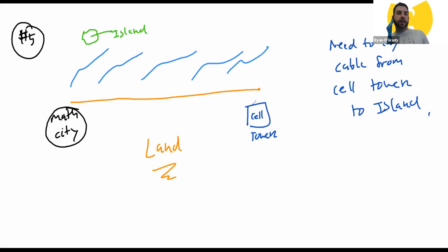Perhaps I just lay it straight from the cell tower to the island. Perhaps I go all the way down land until I get to Math City, then I go straight up to the island. But you'll notice in the problem that due to the constraints of the problem, there is a point that we need to go down. So we're going to go down so far, land, and then we are going to shoot up to the island.